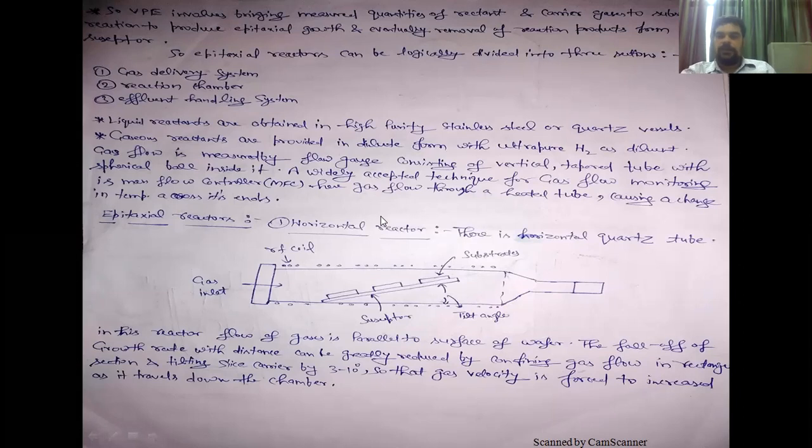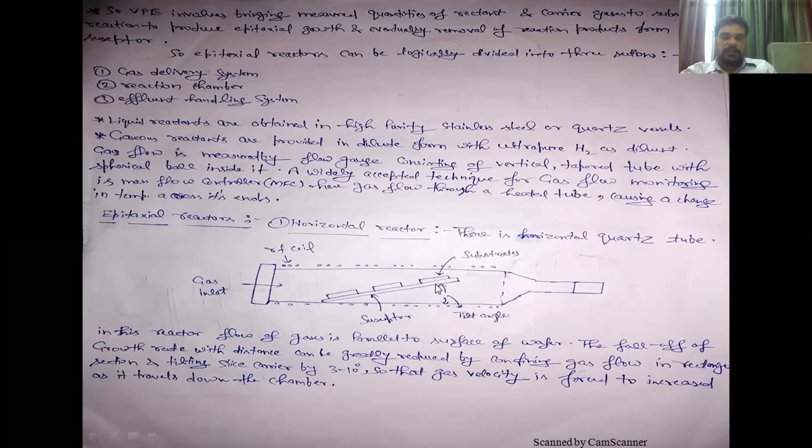Now, what are the reactors that are used for vapor phase epitaxy? Three types of reactors are used for vapor phase epitaxy. First one is the horizontal reactor. In horizontal reactors, a horizontal quartz tube is used. Okay, so here you can see the horizontal reactor that we are using.